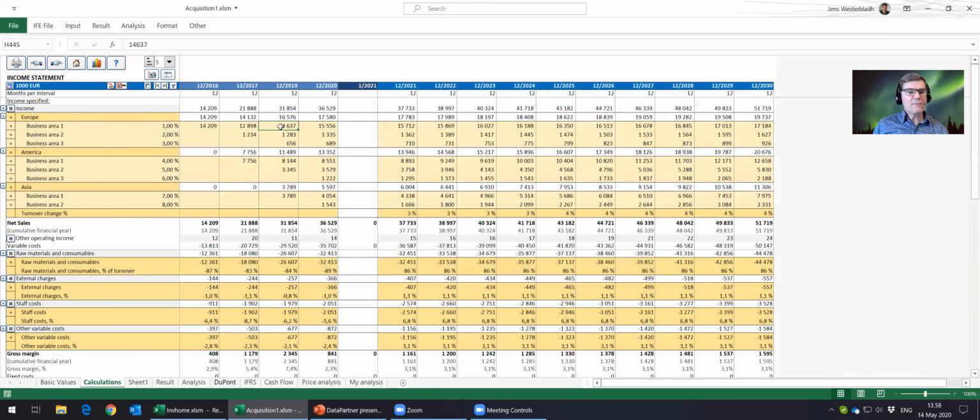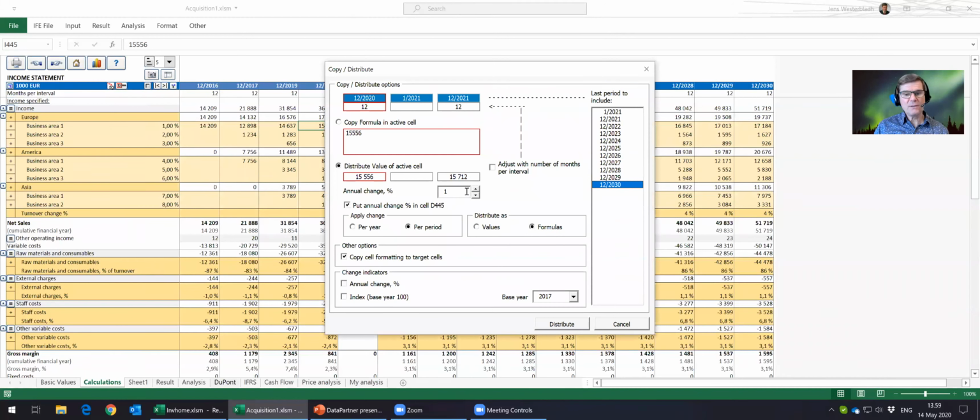So we have some historical sales development here, which you can base the forecast on, and now you just choose one of the last year's sales and push this copy distribute button and choose a growth for it, and then you distribute.